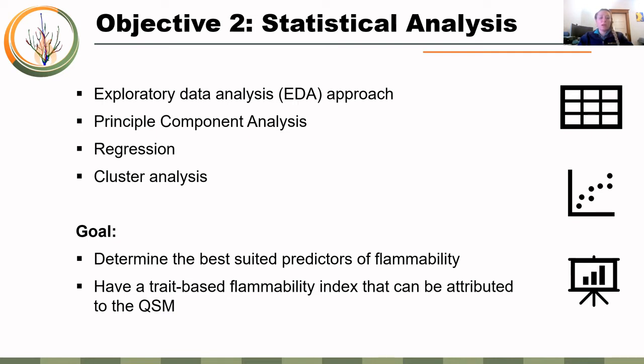We will then evaluate the effects of categorical variables, such as the growth form, using a cluster analysis. And the overall goal here is to determine the best predictors of flammability and then to create a trait-based flammability index that can be attributed to the QSM models themselves.